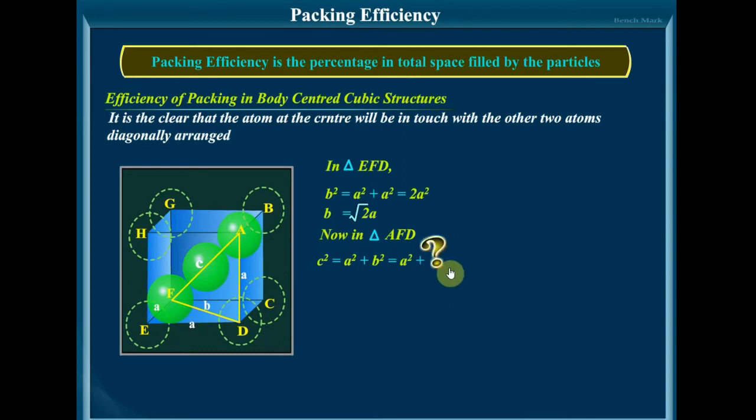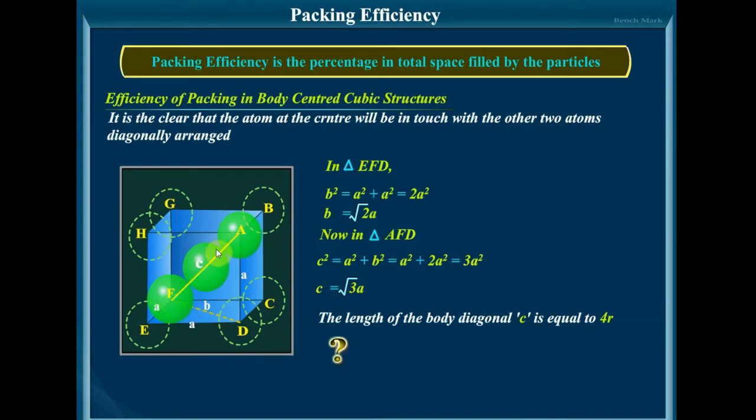That is a square plus what we have just calculated as b square. So substitute the value there. It is a square plus 2a square, or 3a square. c square is equal to 3a square, or c is equal to root 3 a.